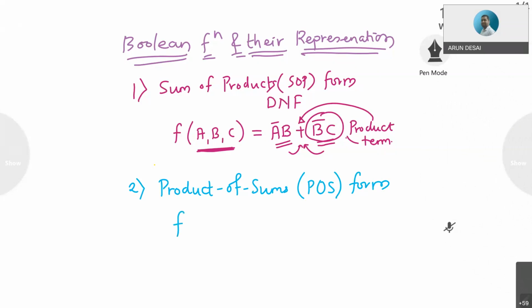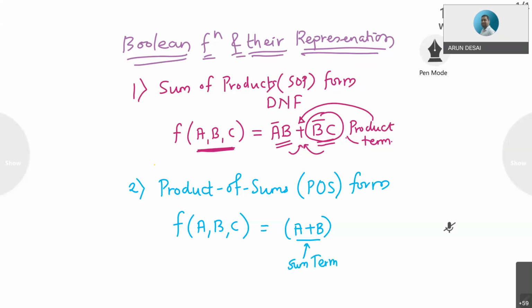There are functions available with variables, and in that function the individual variables have their sums, and this term is called a sum term.